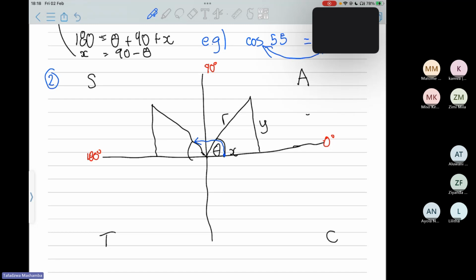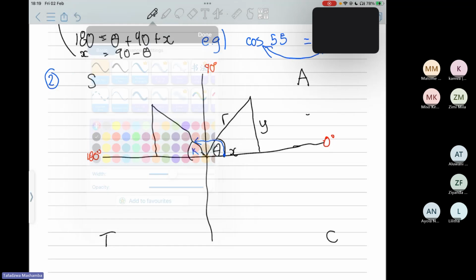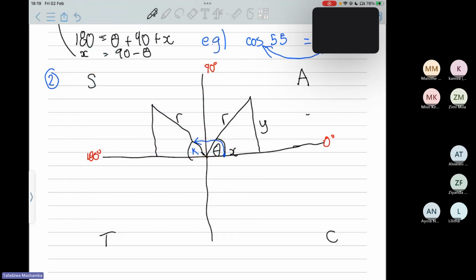So this blue represents that. Instead of saying theta, we'll call this K now, the reference angle. This is where it comes in. From here, we can continue labeling our triangle. So this is now R, this is Y. Notice that both Y's are positive as they are both above 0.